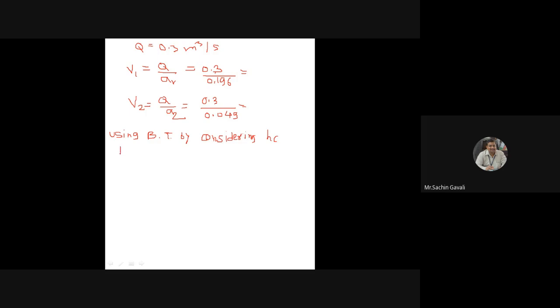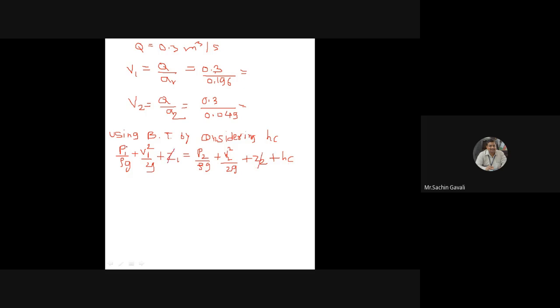Then Bernoulli's theorem will be what? P1 upon rho g plus V1 square upon 2g plus z1 is equal to... The pipe is horizontal, therefore z1 is equal to z2.